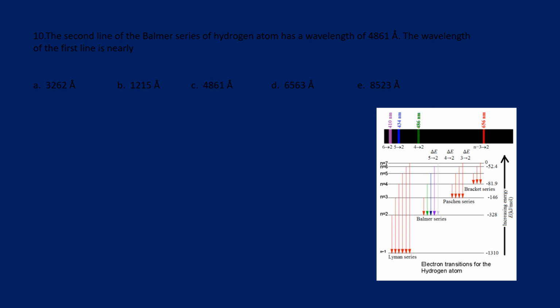The second line of Balmer series of hydrogen atom has wavelength 4861 angstrom. The wavelength of first line is nearly. See, the Lyman, Balmer, Paschen, Brackett, Pfund series are electronic transitions in hydrogen atom. When the electrons excited to 2, 3, 4, 5, 6 states come back to the ground state, that is n equal to 1 state, you will get Lyman series.